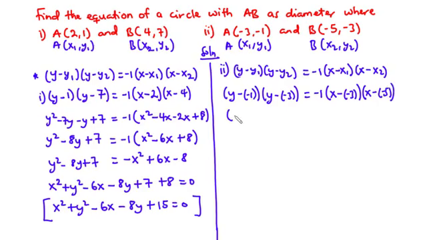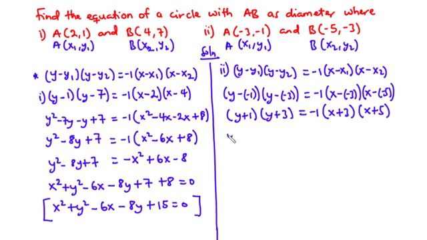Let's simplify. So this becomes y plus 1 times y plus 3 equals negative 1 times x plus 3, x plus 5. Now we can multiply across.